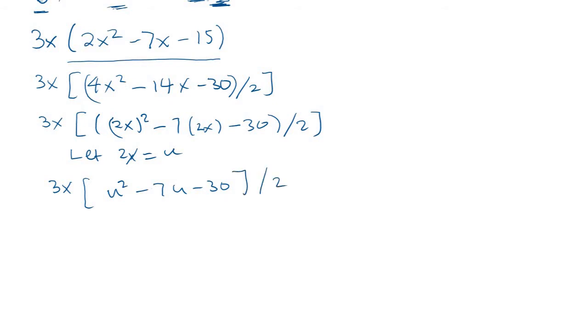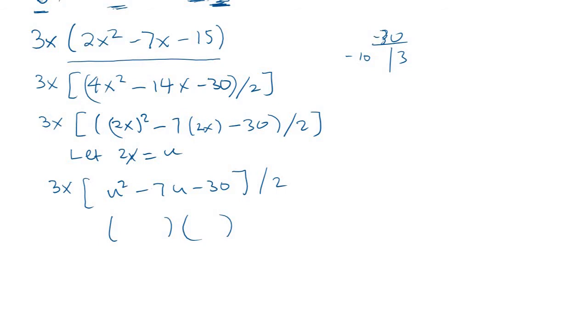All right. But we are not done. We need to factor this. So we have negative 30, and I want to get negative 7. What I can do is negative 10 times 3.